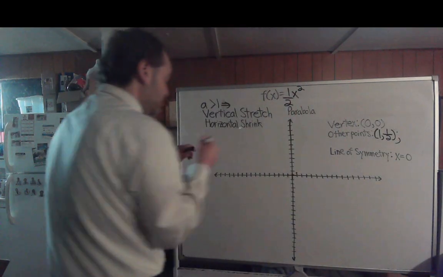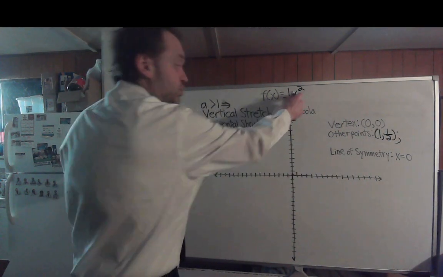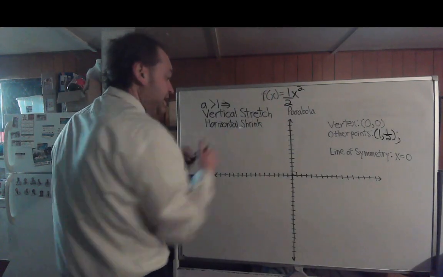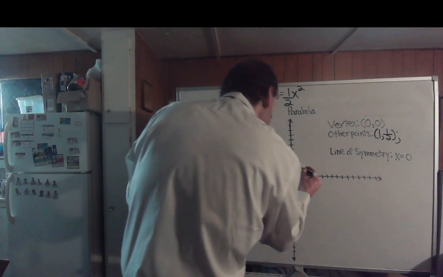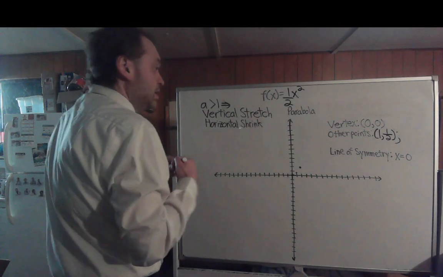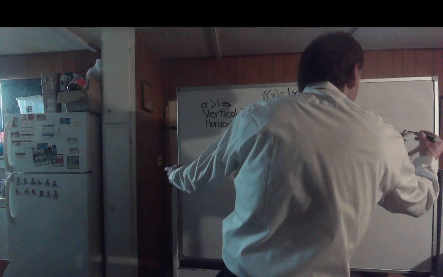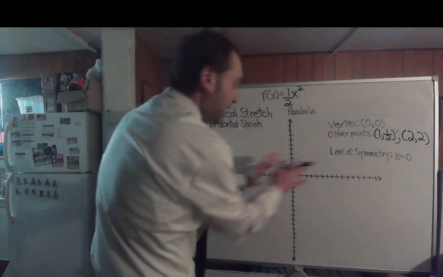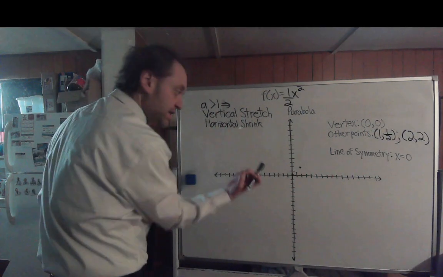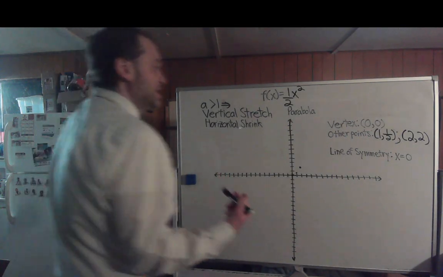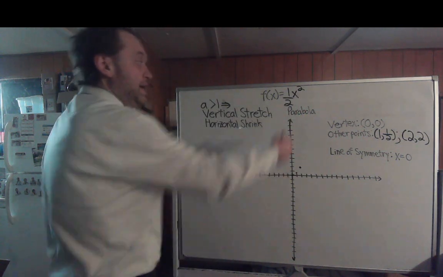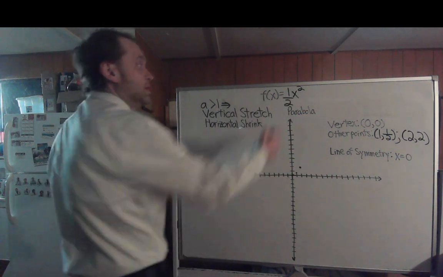Now what if I put in x equals 2? Well, 2 squared is 4, times a half is 2. So we'll end up getting the point 2, 2. So we found 2 points to the right of the line of symmetry. Let's try to find 2 points to the left of the line of symmetry. If I take -1, well, -1 squared is +1 times half.